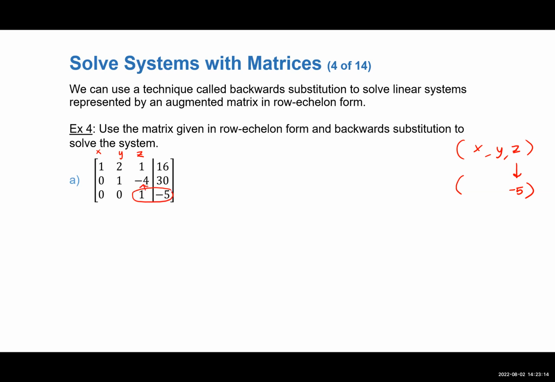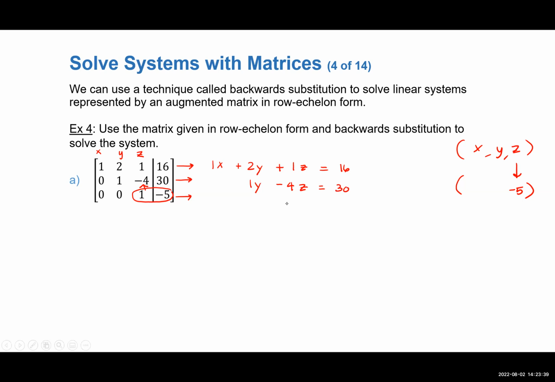If Z is -5, we can take -5 and substitute it into the second equation. The first thing you'll want to do is rewrite these as equations. So this is 1x plus 2y plus 1z equals 16. This next one is 1y, because there's no x right here, minus 4z equals 30.